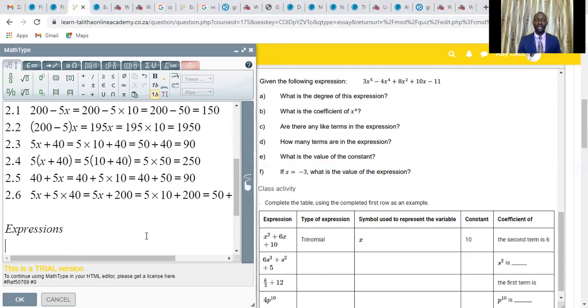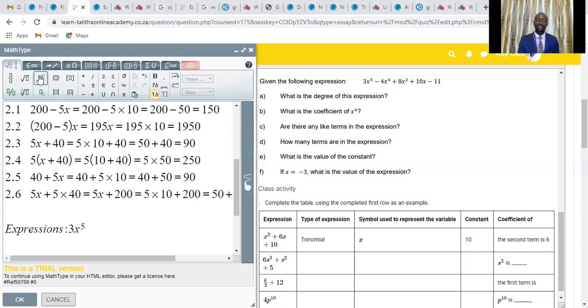The expression given is 3x power 5, minus 4x power 4, that is 4x exponent 4.